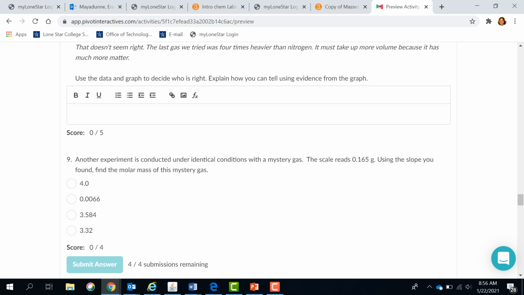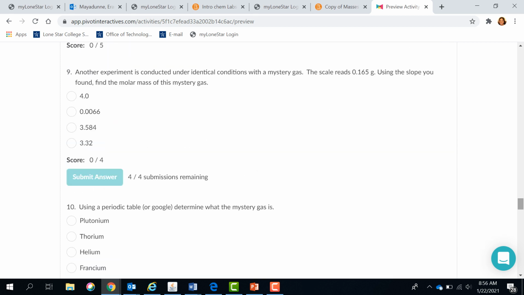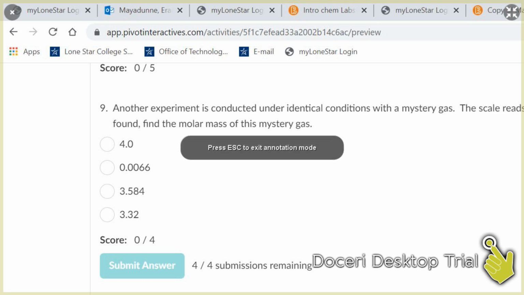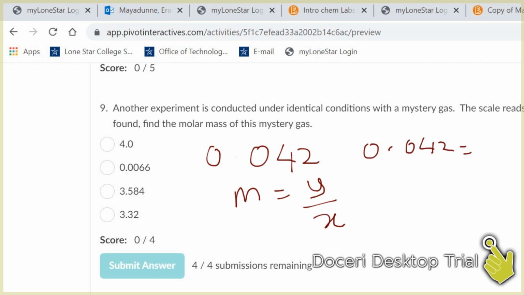I'm using 0.042 as my slope. So that is m. We learned that m equals y divided by x. And then what is the mass, which is 0.165.